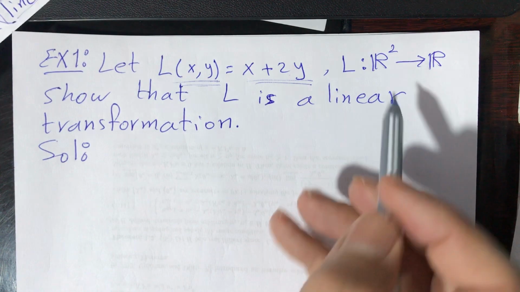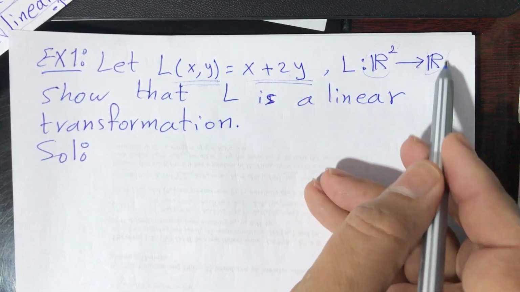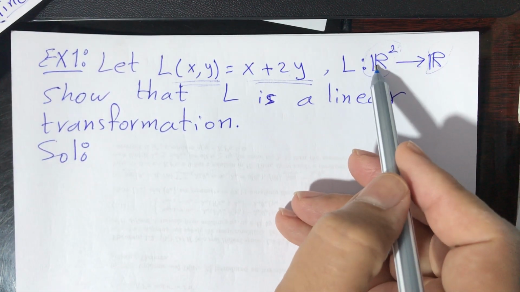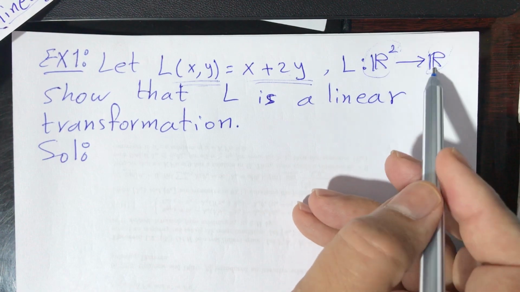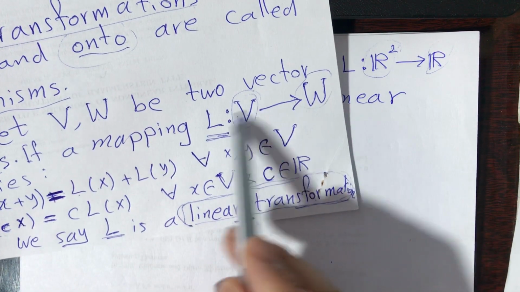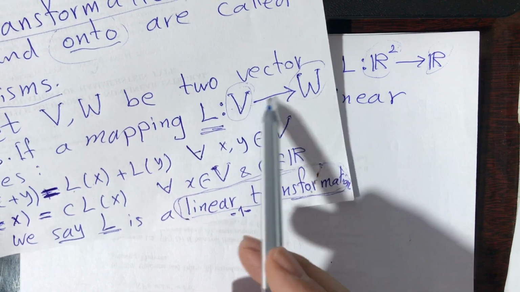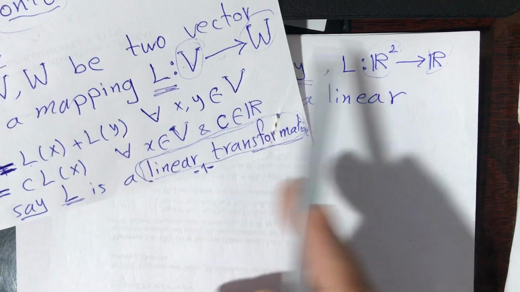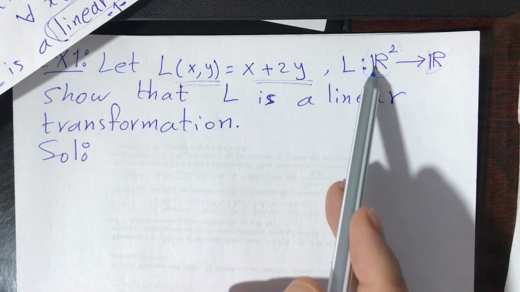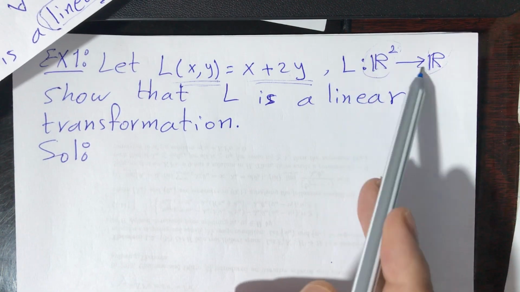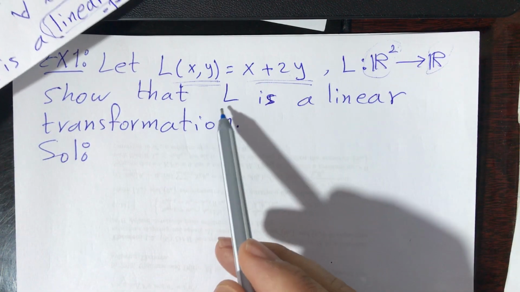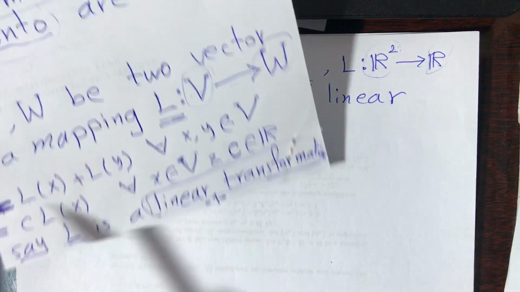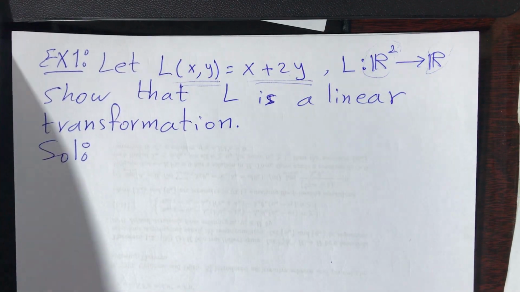Of course R2 is a vector space and R is a vector space. Here V is R2 and W is R, both of them vector spaces. Now we have to satisfy these two conditions.